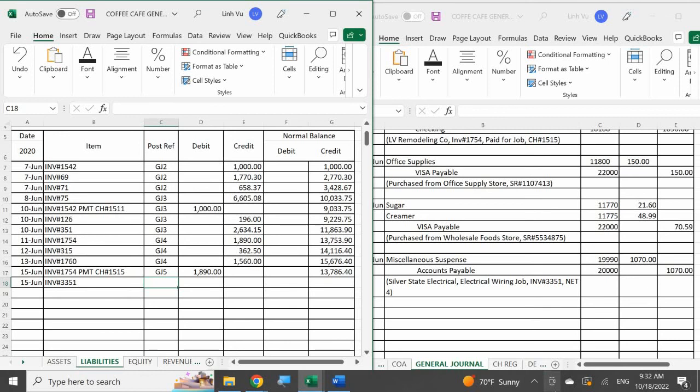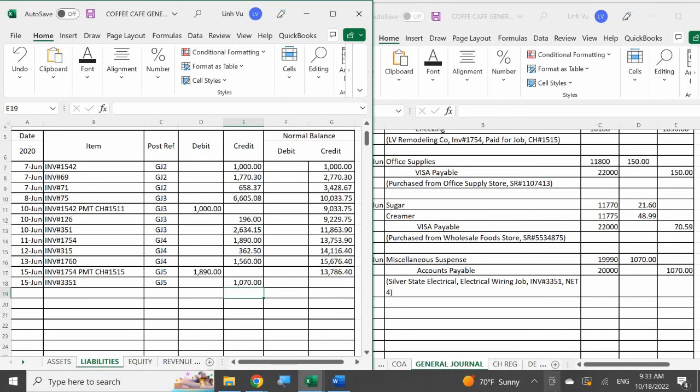Okay. General journal page 5, and for the amount of 1070.